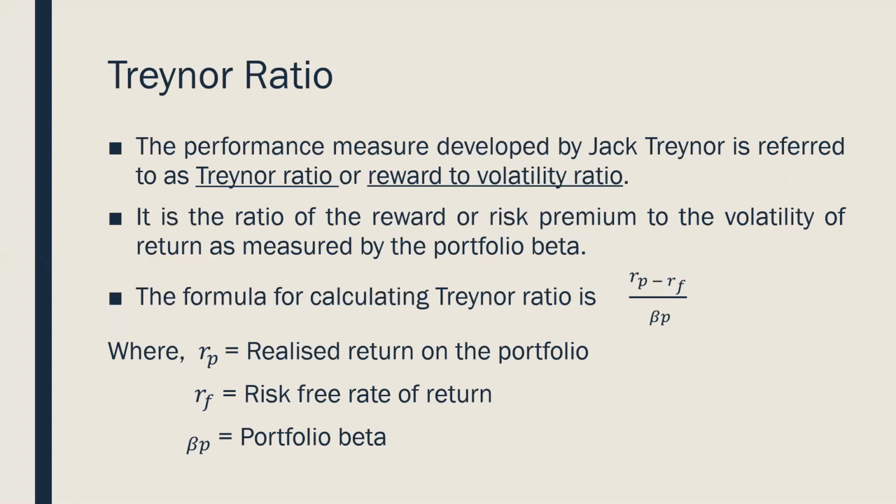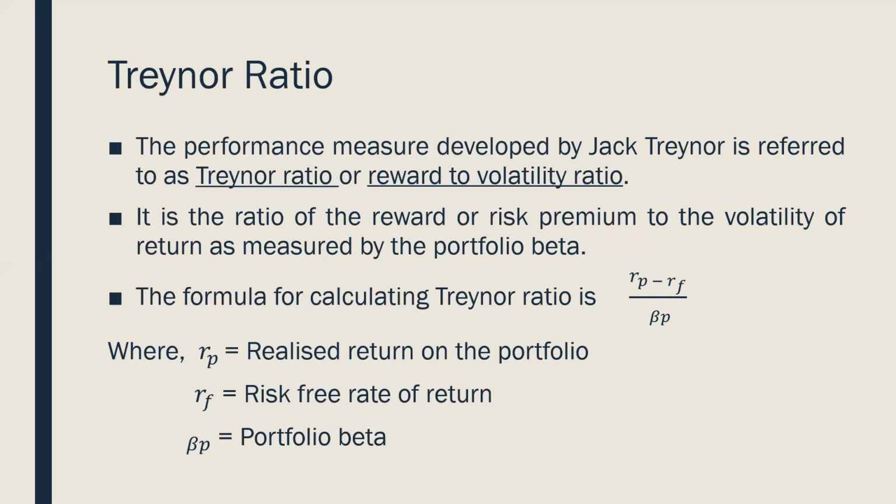We know there are two types of risks, right? That is systematic risk and unsystematic risk. If you have a well diversified portfolio, we can eliminate the unsystematic risk. The standard deviation is the measure to calculate the total risk, and beta is the measure to calculate the systematic risk.